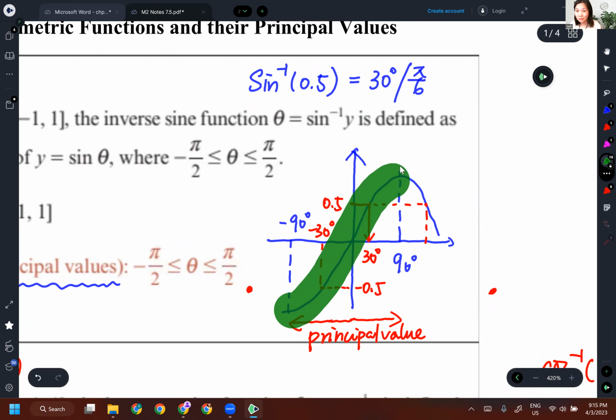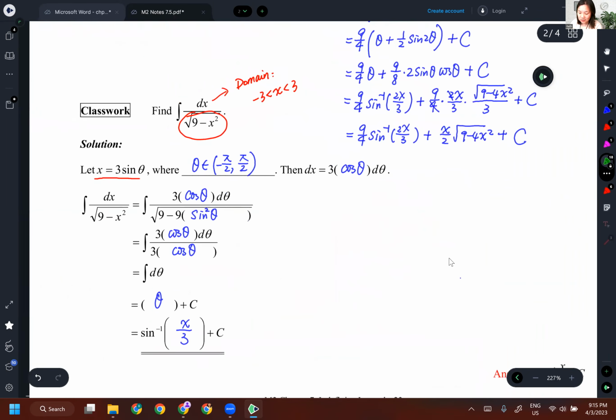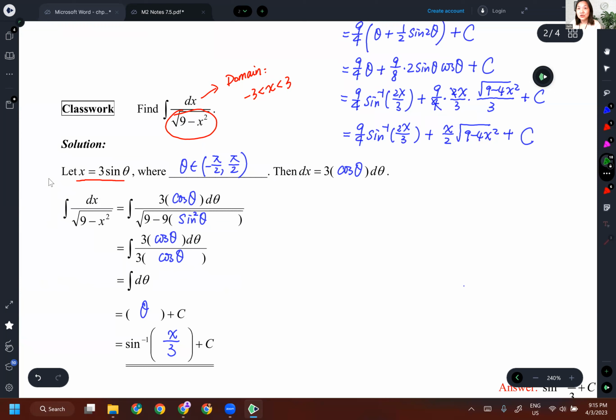Let me repeat. Between -90 to 90, sine theta already goes from -1 to 1. So in this question, if we want x to lie in -3 to 3, then we only want theta to go from -90 to 90, and that will cover all the values for x.